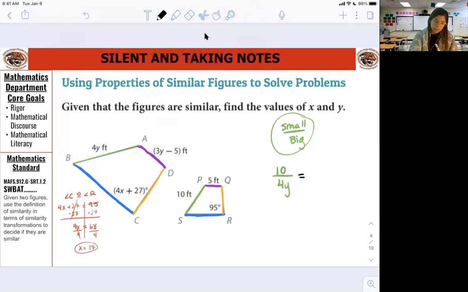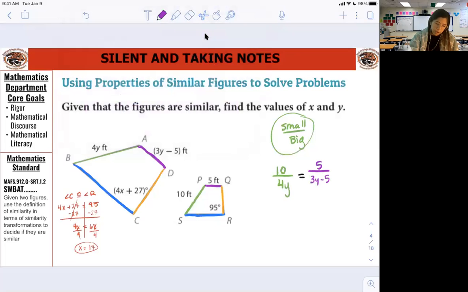What am I putting on the right side? 5 over 3y minus 5. Yeah, all I'm doing is copying down the values I know: 10 over 4y, and then 5 over 3y minus 5.